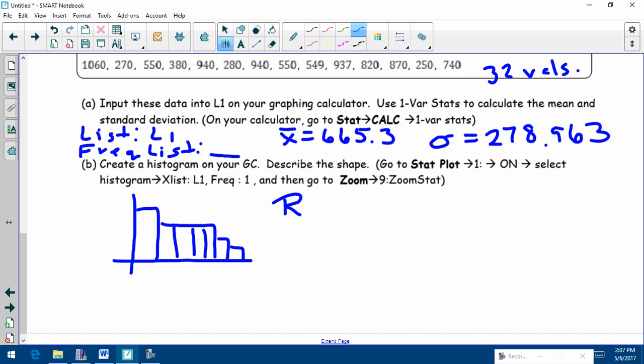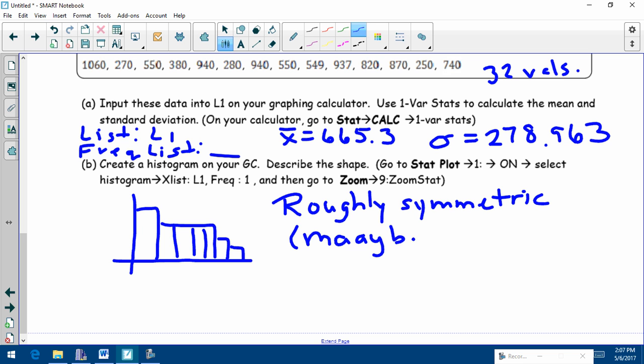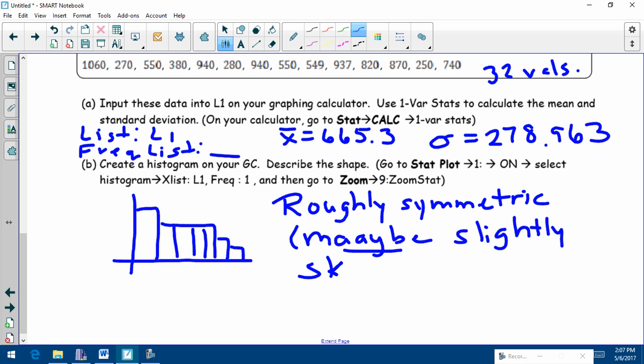So I would say it's roughly symmetric. Maybe slightly skewed, right? Maybe. Because most of the data is over here on the left, but it's roughly symmetric.